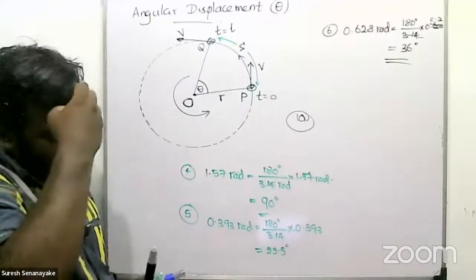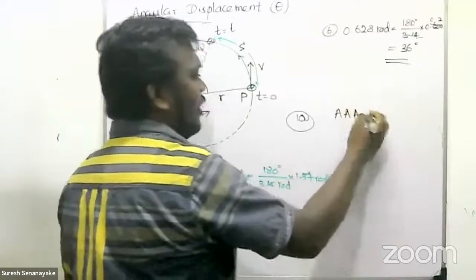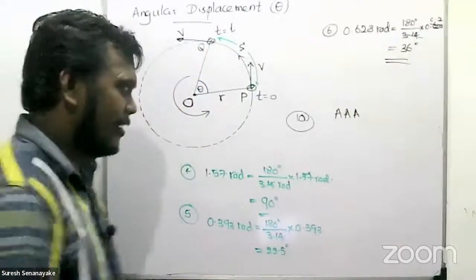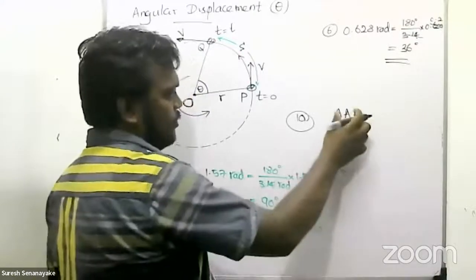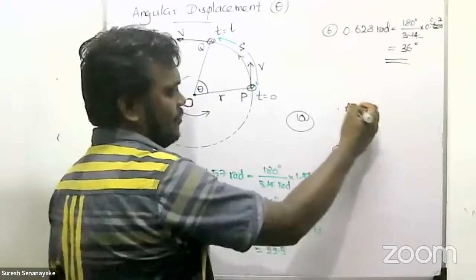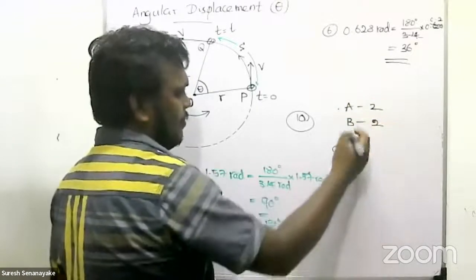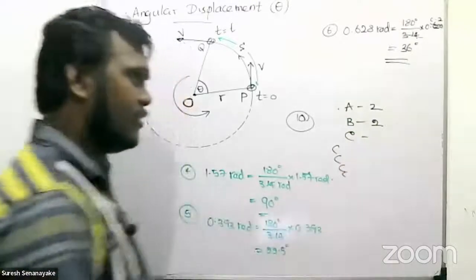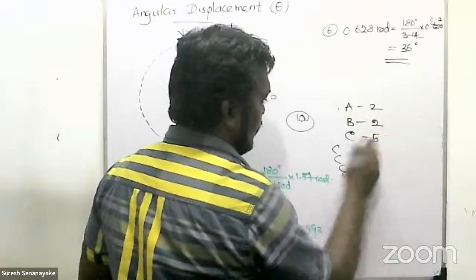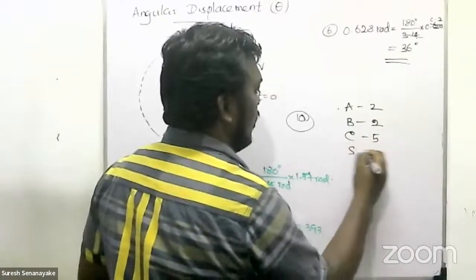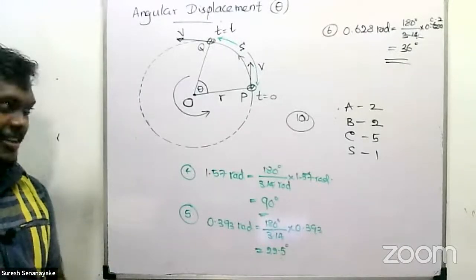The minimum result is a pass. There are three students with that minimum, and most of the students have C passes. Two students have A, two students have B, and five or six have C, and no one has failed.